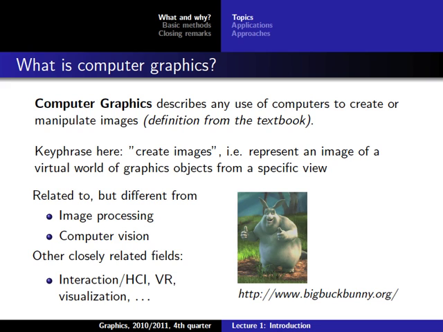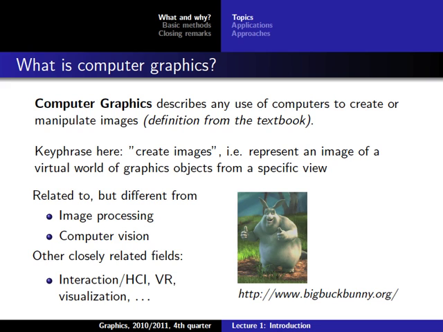For example, there is a bunny, it has this size, it is at this position. And in computer graphics, we have an abstract idea, a representation of a virtual world. For example, we want to create a wood and we want to place a bunny there. It should look this way and it should have this size. And then we create an image of it. So it's basically the other way around.